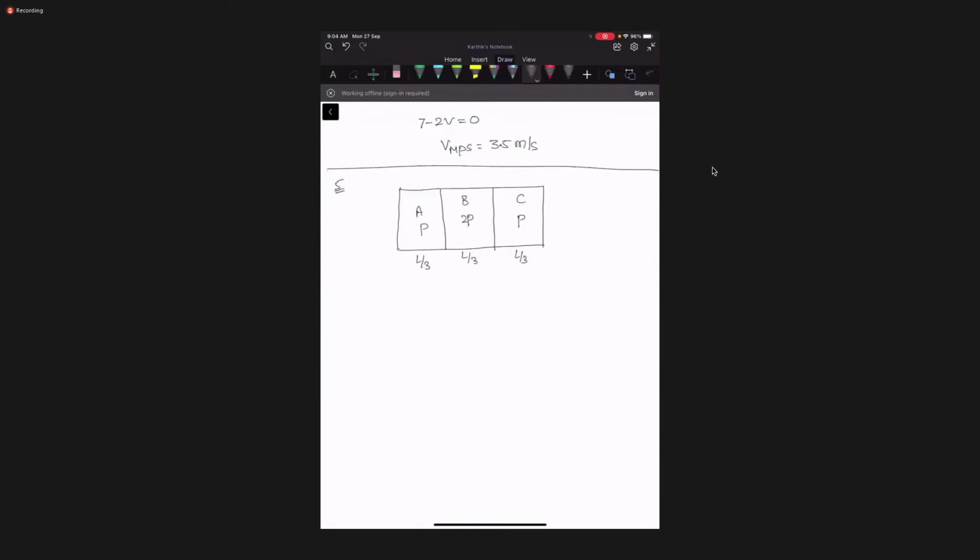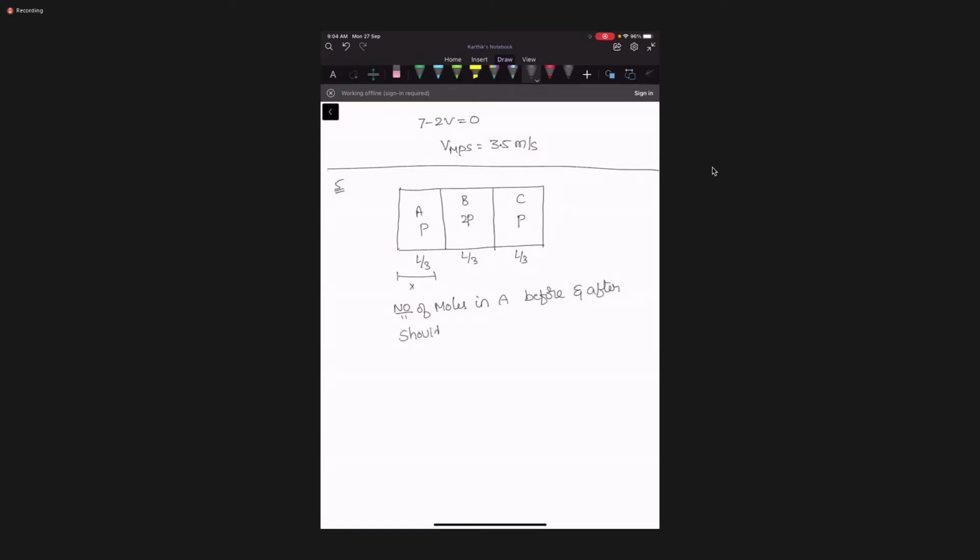See, let me say A moves, the new equilibrium position is X. Can we take PV equals constant? No, that's what I'm trying to do. The number of moles in A before and after should be the same, right?